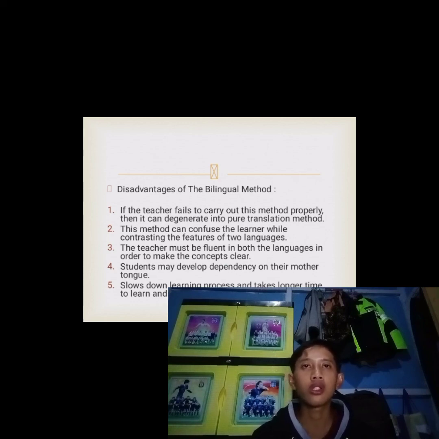The teachers must be fluent in both languages in order to make the concepts clear. 4. Students may develop dependency on their mother tongue. And the last, it slows down the learning process and takes longer to learn and be proficient in the target language.